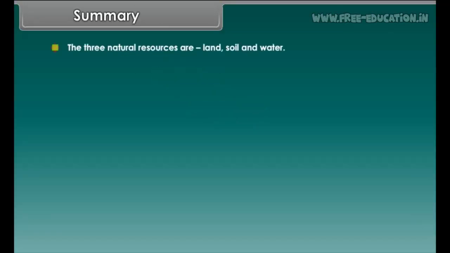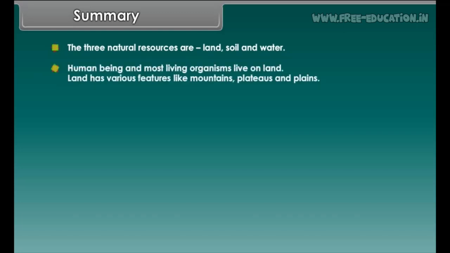Summary. The three natural resources are land, soil and water. Human beings and most living organisms live on land. Land has various features like mountains, plateaus and plains. India has varied land features.